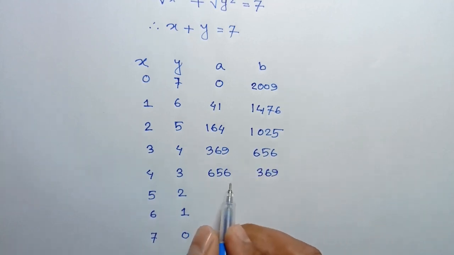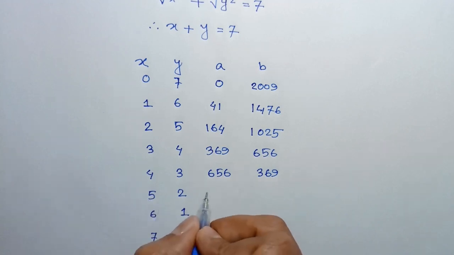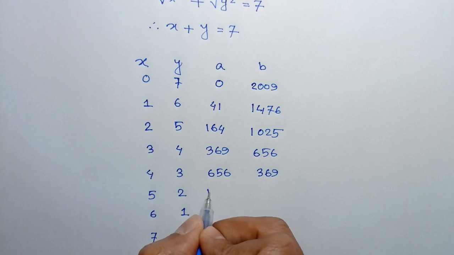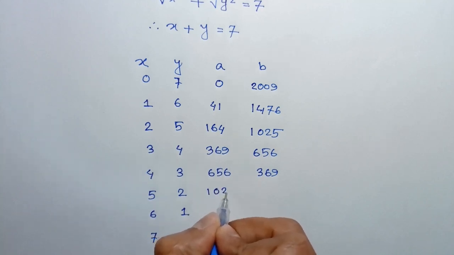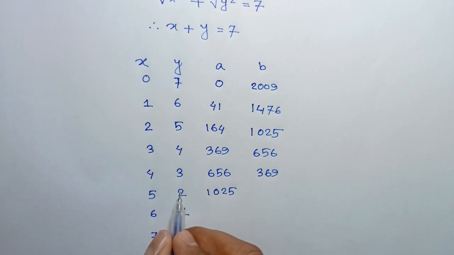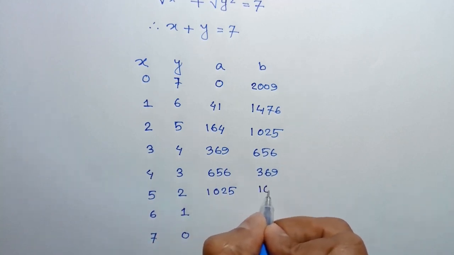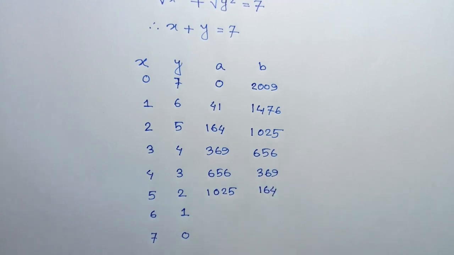369, and when x is equal to 5, then a will be 1025, and for y is equal to 2, the value of b will be 164.